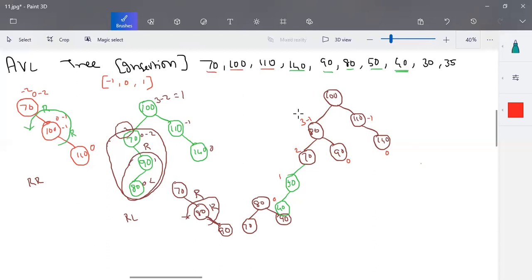So 3 minus 1 is 2. And for 100, height of left subtree is, take the longest branch and calculate the number of edges. It is 1, 2, 3, 4. And take the longest branch in the right subtree, 1, 2. So the balance factor is 2.